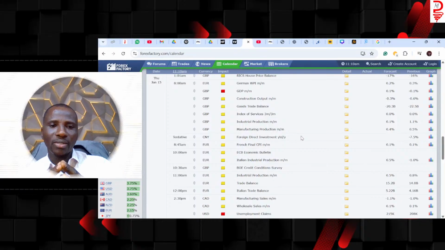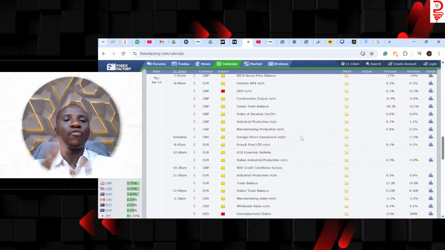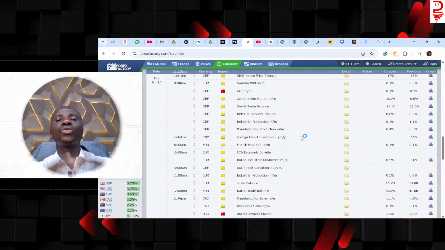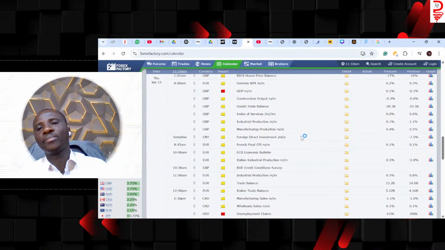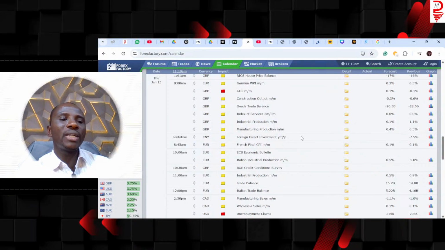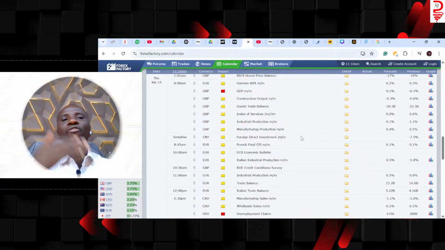So when we want to start our global macro analysis, to be able to pick assets to focus on for the week, for the month, or for the quarter, what we will do is look at what the interest rate is like. If you pick maybe United States dollars, you want to look at what is the current state of interest rate.